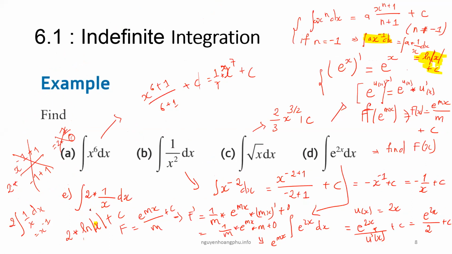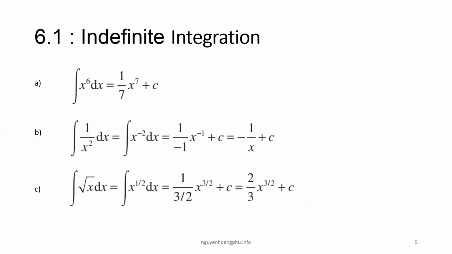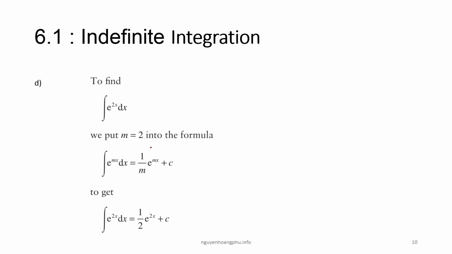Okay. Here we have f(x). I think the solution here is clearer for you to see. So this one I think is not a problem, not a problem. Just look here.